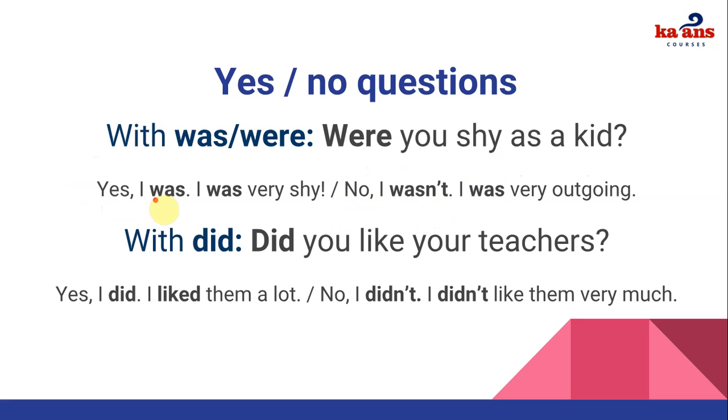Yes, I was. I was very shy. Were you shy as a kid? No, I wasn't. I was very outgoing. Okay, so that's why we call them yes or no question, because we only have two possibilities, either a yes or a no.